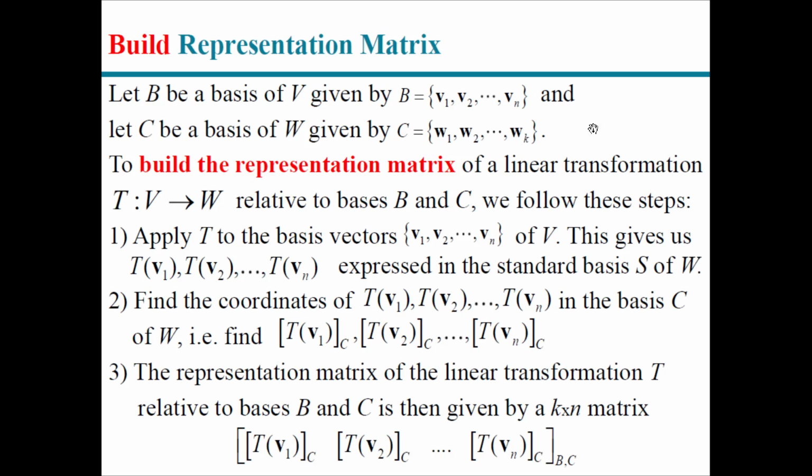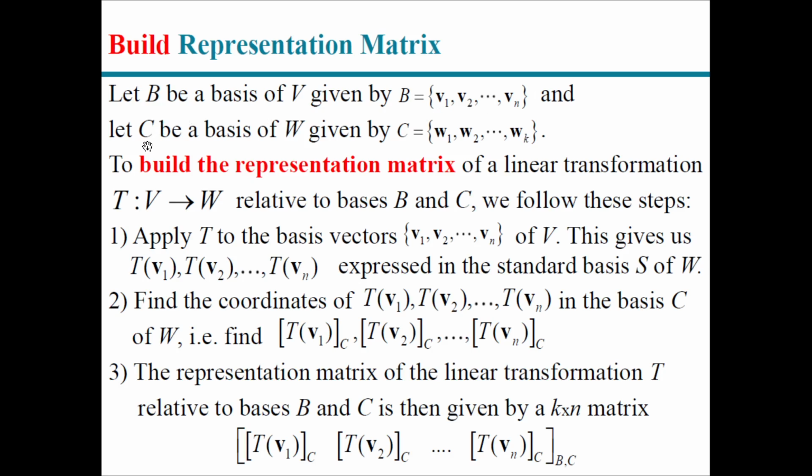So how do we build a representation matrix? This is a procedure. We have our linear transformation T that goes from V to W. We have a basis B for the linear space V, the domain, with vectors v1, v2, ..., vn.